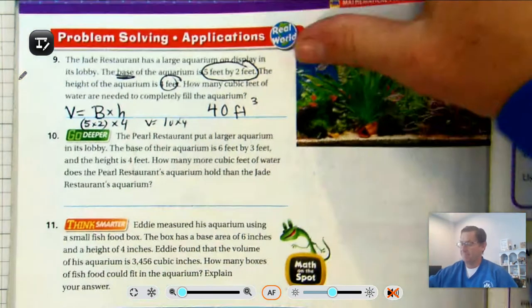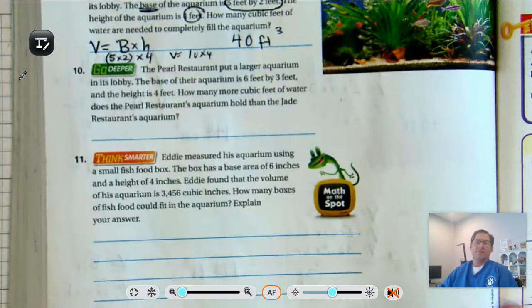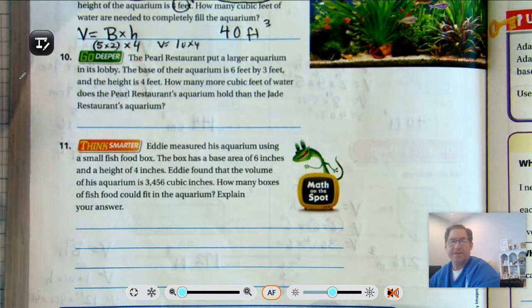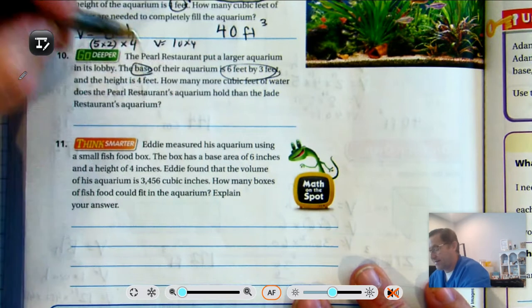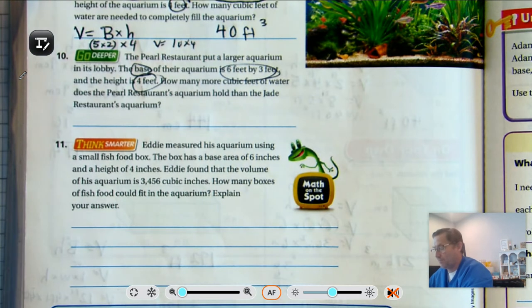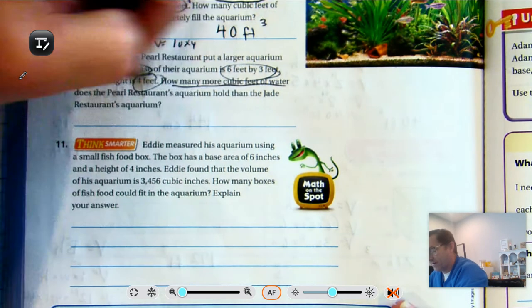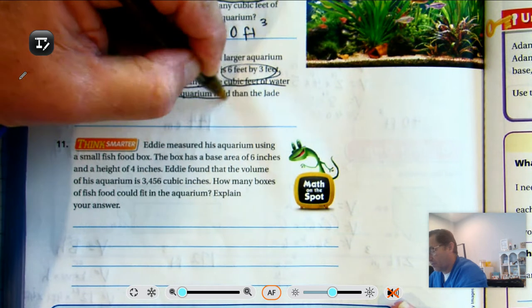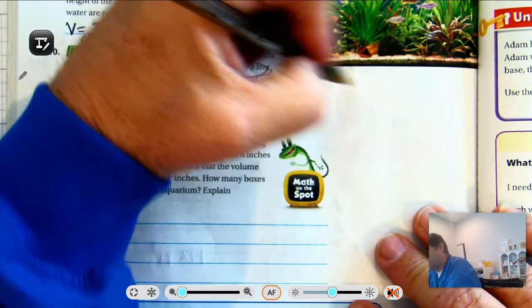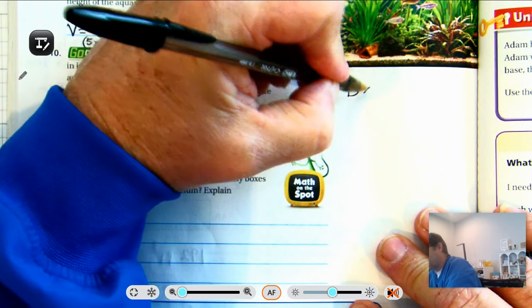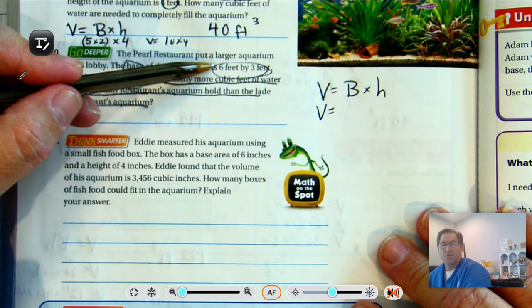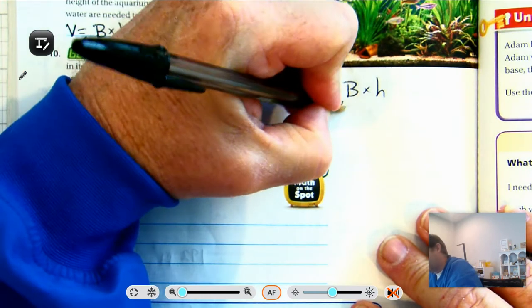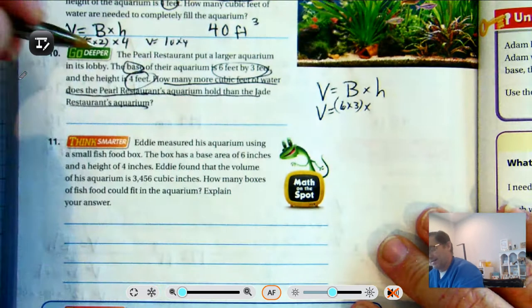All right, let's look at number 10. The Pearl Restaurant put a larger aquarium in its lobby. The base of their aquarium is 6 by 3, and its height is 4. How many more cubic feet does the Pearl Restaurant's aquarium hold than the Jade? All right, well, the base of the Pearl Restaurant is 6 by 3, and its height is 4.